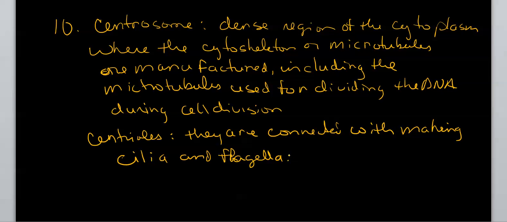We don't have flagella, but we have cilia in our trachea or in our lungs, and people who have a genetic defect where they don't have the centrioles, they don't have cilia in their trachea because they can't make them.